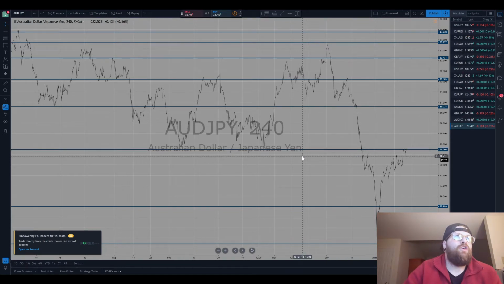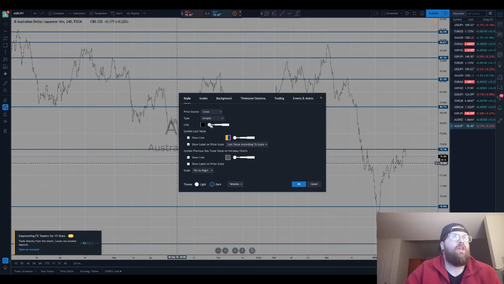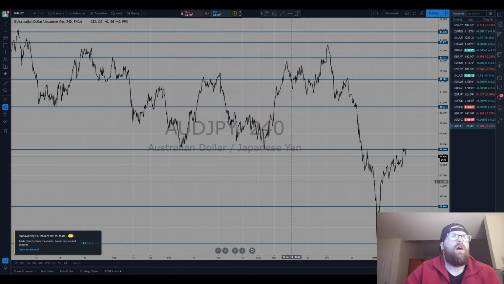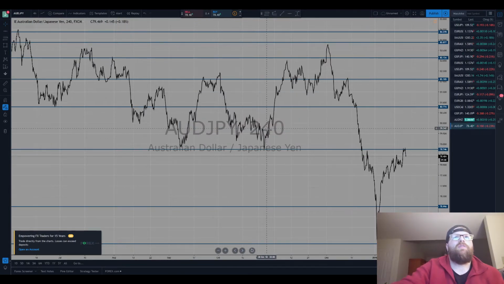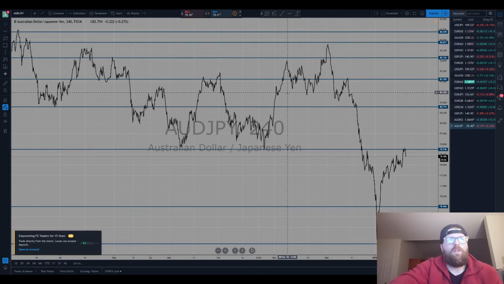Not necessarily easier, but it's definitely clearer, I guess. You don't have all of the noise that you get with candlesticks. And so that's something else that you can add that will sometimes make identifying support and resistance levels easier. Some people it makes it harder. So if this is one of the things that makes it more difficult for you, then definitely don't do this.